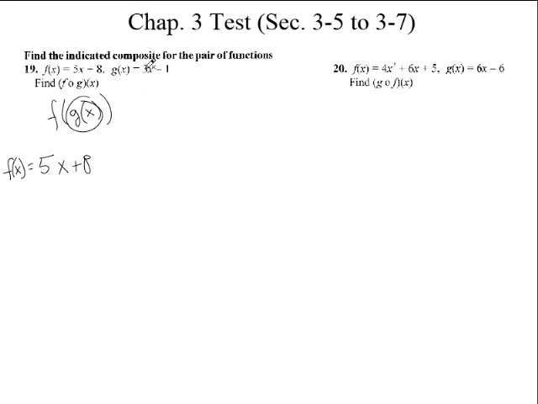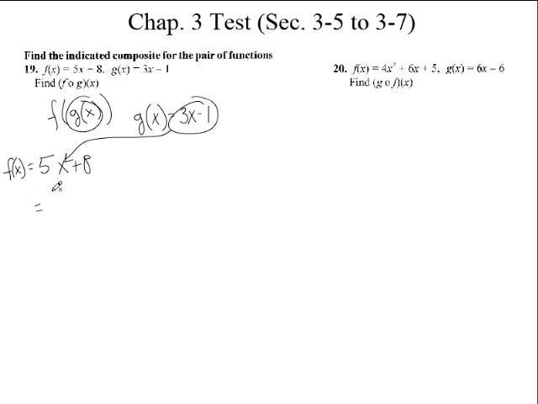So what we're going to do is take that g function, let's write it right here, g of x, make sure I write it down right because that scan didn't come out too great. So I'm going to take this and I'm going to put the g function into the f function. So wherever there is an x in the f function, I'm going to put this whole thing right there in for that x. So let's rewrite the f function.